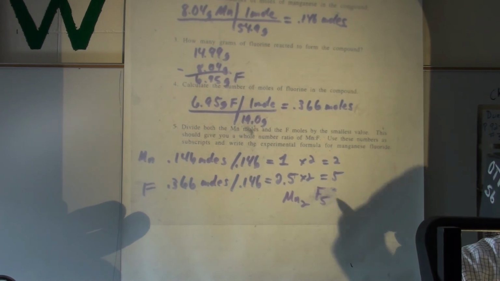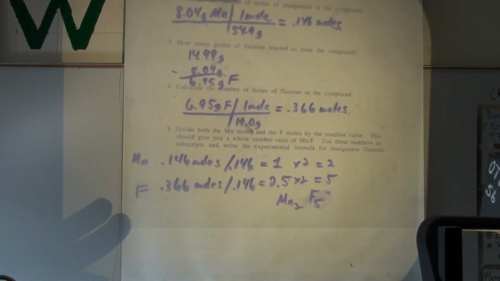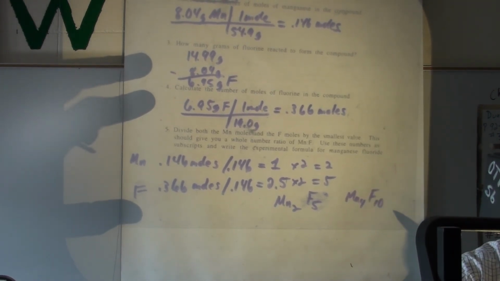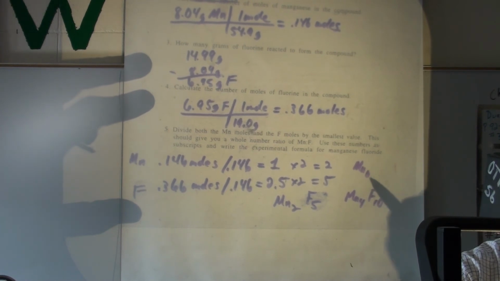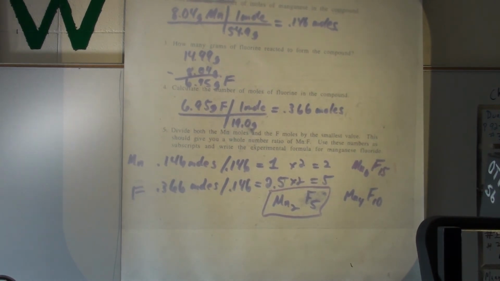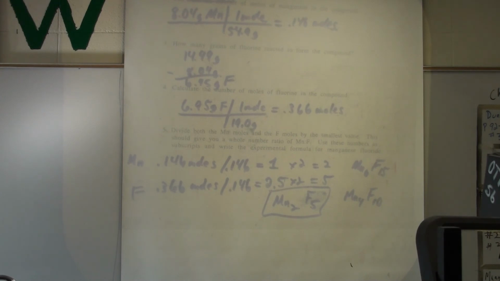Now again, that's my empirical. I don't know what the actual formula is. The actual formula could be Mn4F10 or Mn6F15. But for number 5, they just wanted us to find the empirical. That is the empirical formula.